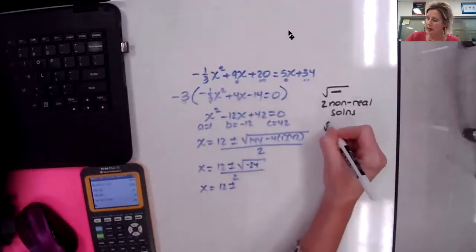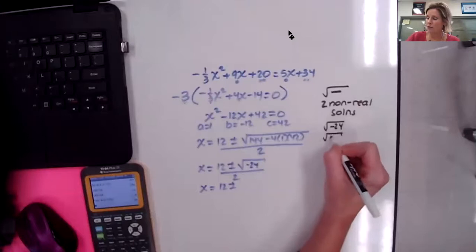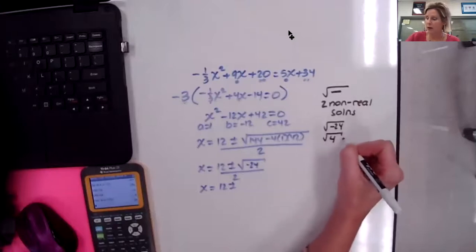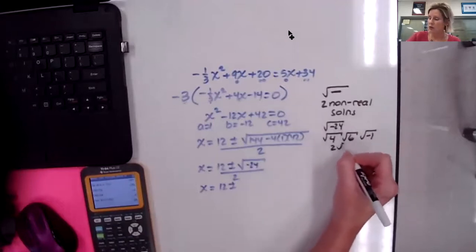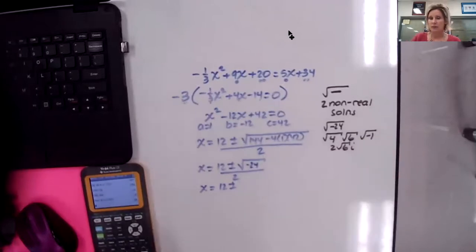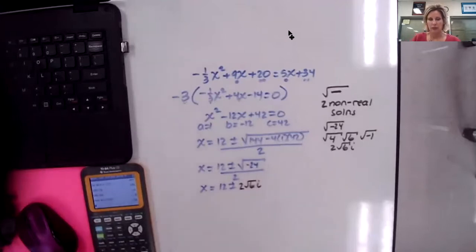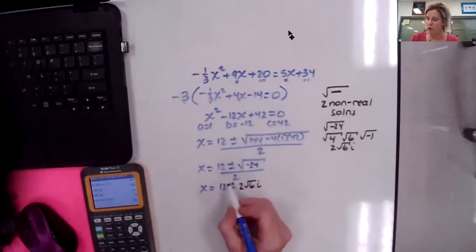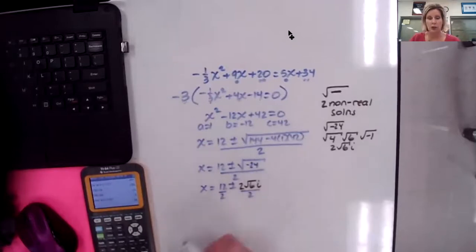The square root of negative 24 is the square root of 4, because that's my perfect square, times 6 times negative 1. So that's 2 square root 6. And remember, that's i. So I'm going to put that here, 2 square root 6 i. And then I've still got over 2.